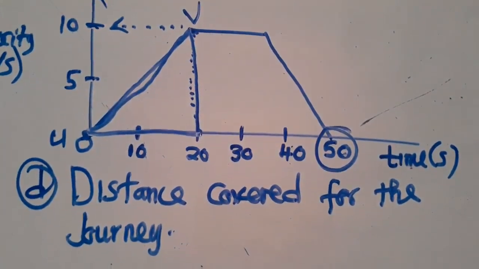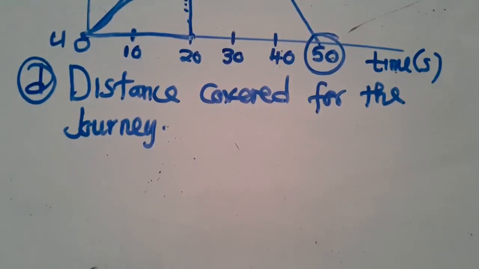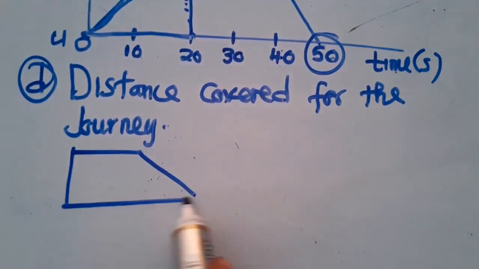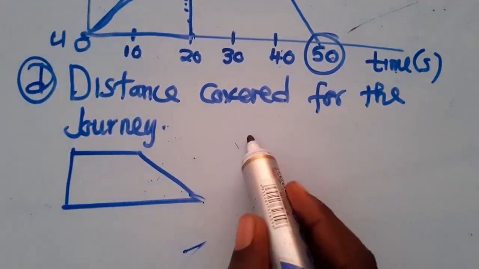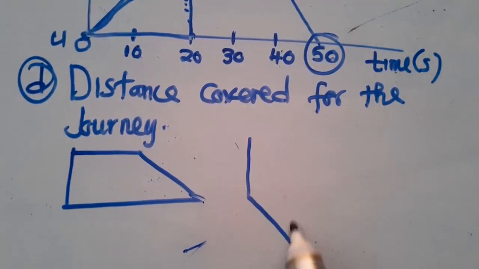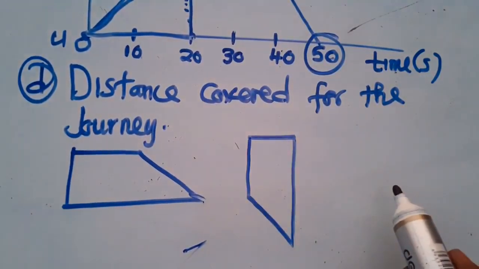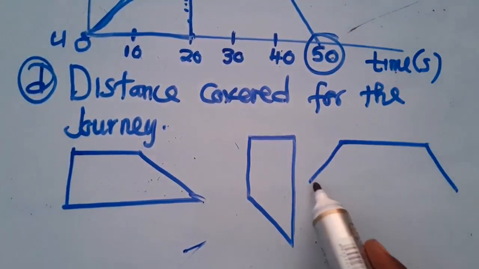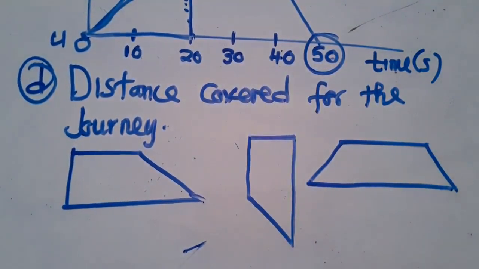I remember telling you that a trapezium is like this. Once you see something like this, it is a trapezium. It can be in this state, it is also a trapezium. It can also be like this, the way it is. This is also a trapezium.